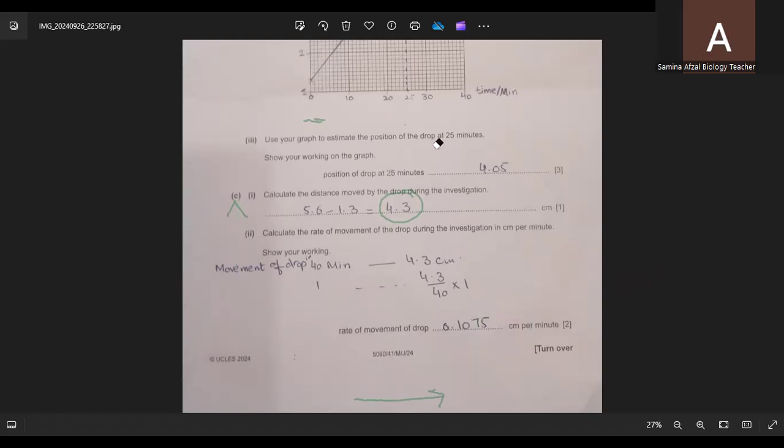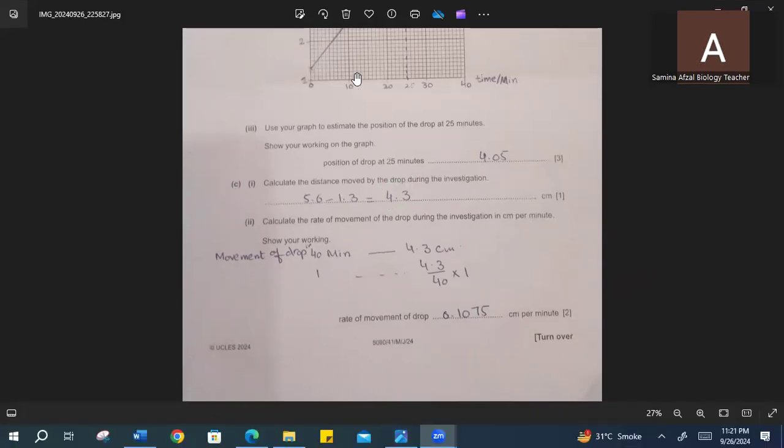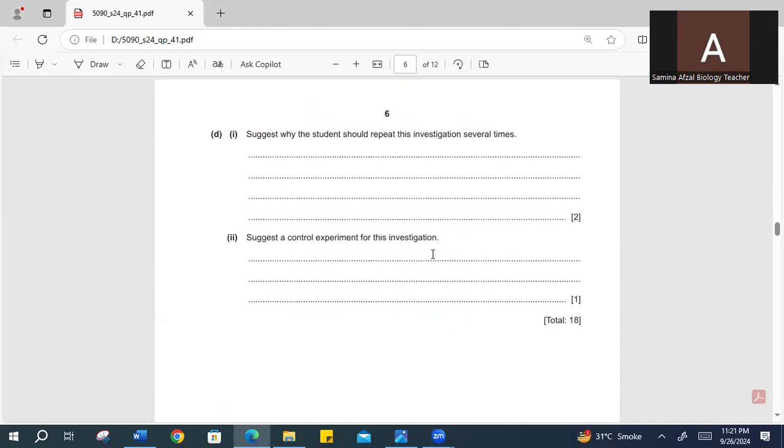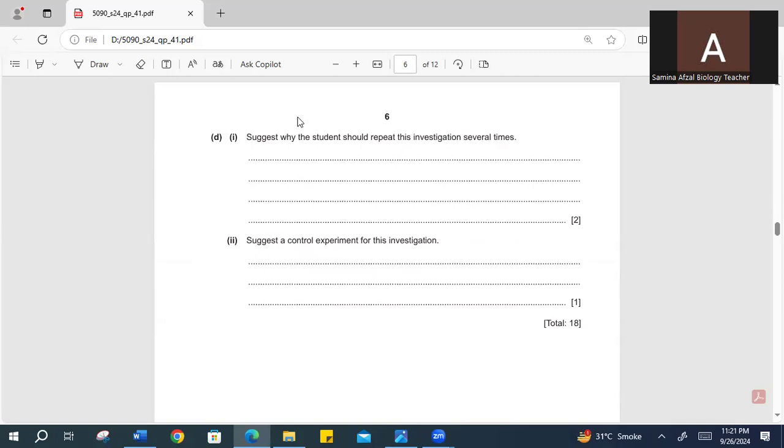So that was all about this graph, the different questions which were taken about it. Now the next question is, suggest why the student should repeat the investigation several times. Students, whenever we do an experiment, we always repeat it again and again to get the correct values.